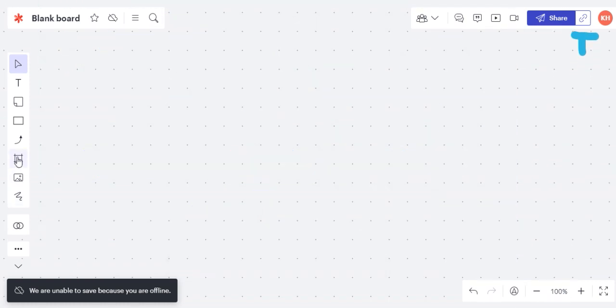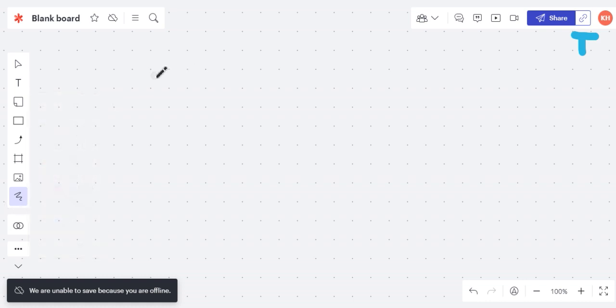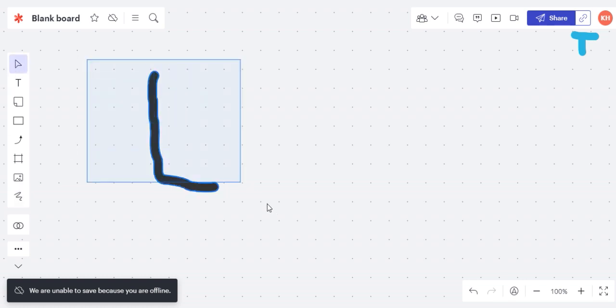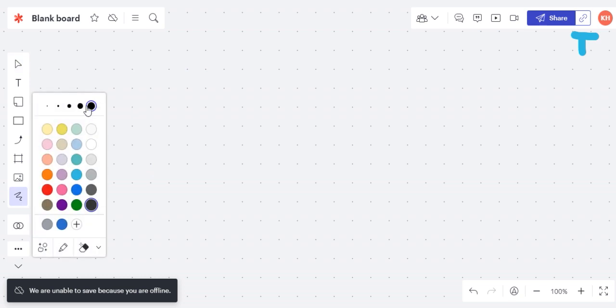So let's draw it. I don't have a perfect marker for it, so I will try to draw it in the right way. I need to draw a U sort of shape, and I don't think it works. Okay, let's just erase it. I'm trying to find a marker with a rounded shape.